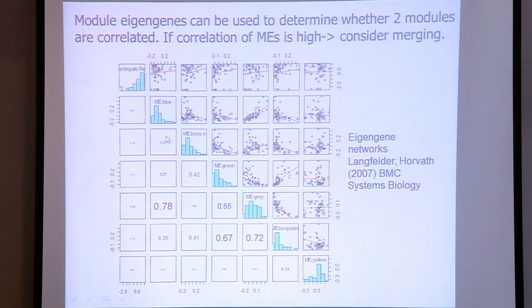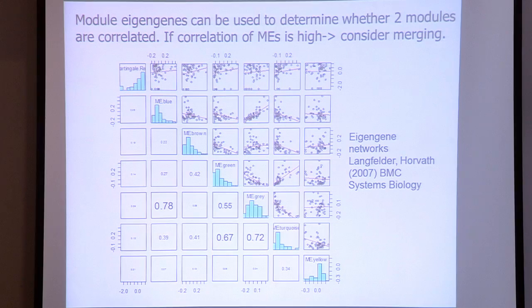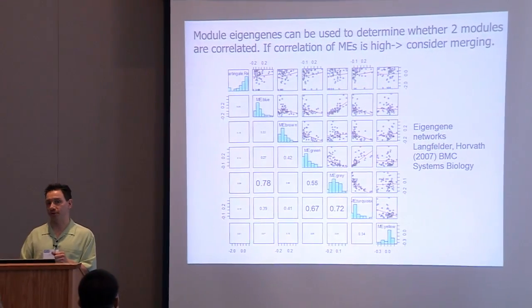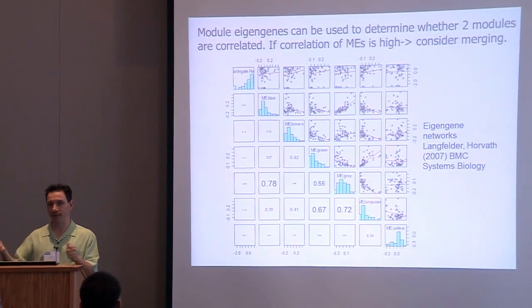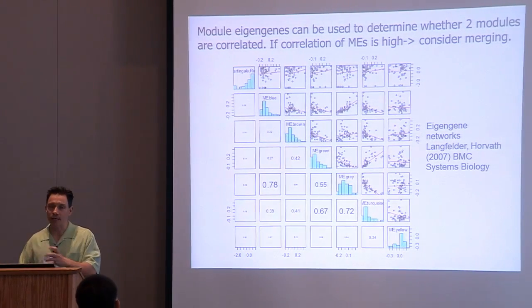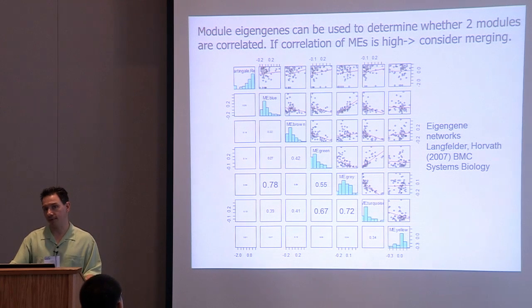There are two ways to interpret that. It could be that the blue module contains a lot of background genes, right? It's too large. Or it could be that the gray module contains a lot of blue module genes. Maybe the branch cutting wasn't good enough, and we should have included more genes into the blue module.